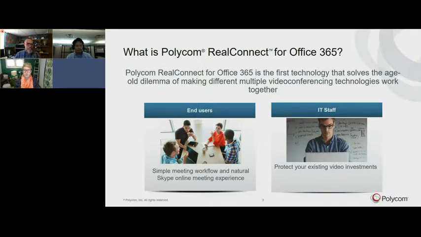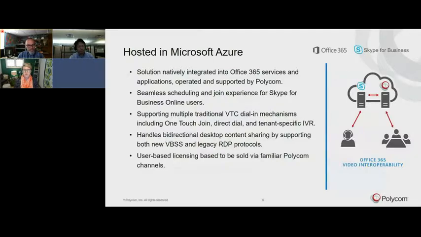So our system is hosted in Azure. This is kind of a big deal for us from the perspective of not having to have anything from an MCU perspective on your premises. The only thing you would need on your premises, as we mentioned in the earlier series, is some type of gateway to get you off-prem, right?